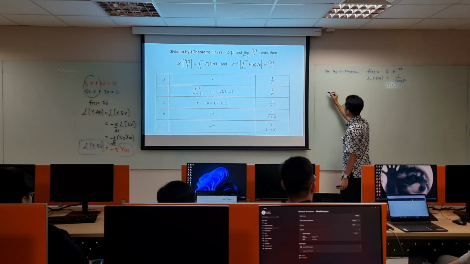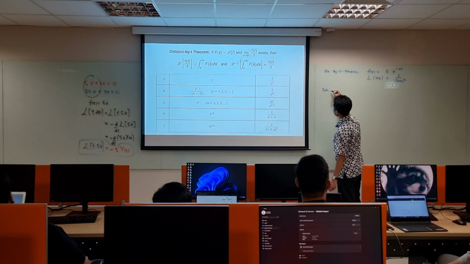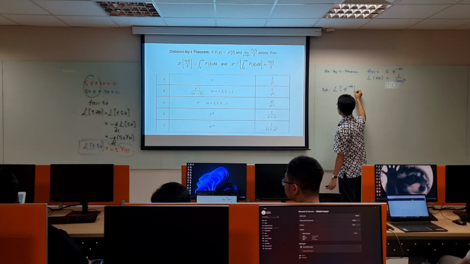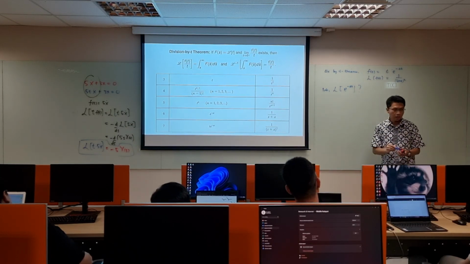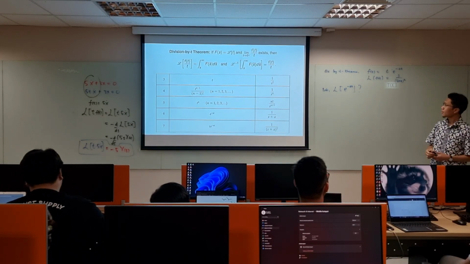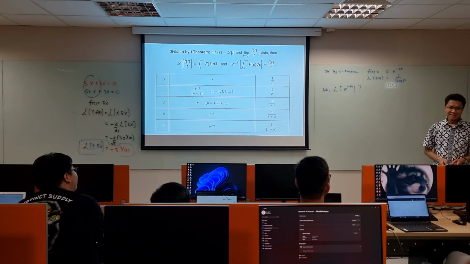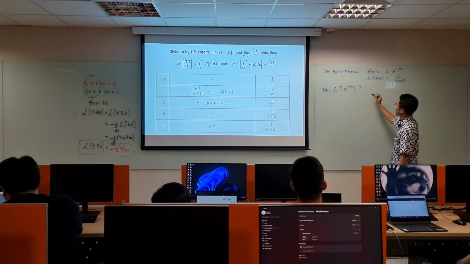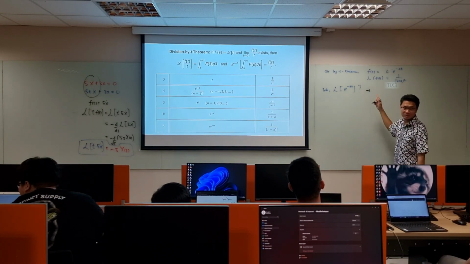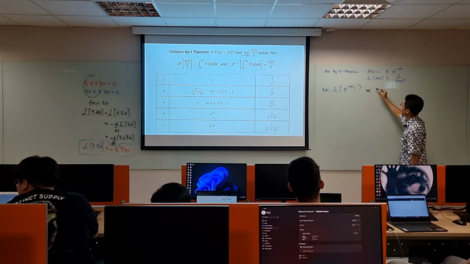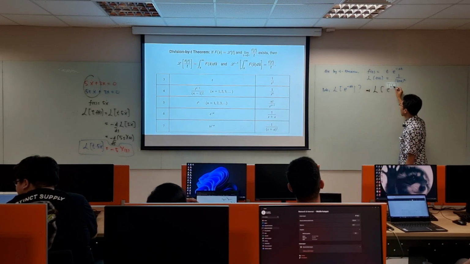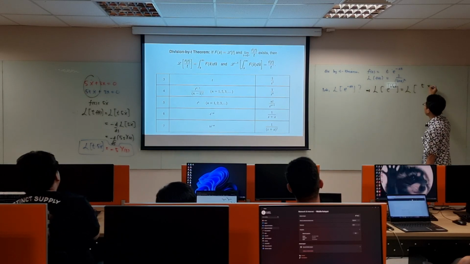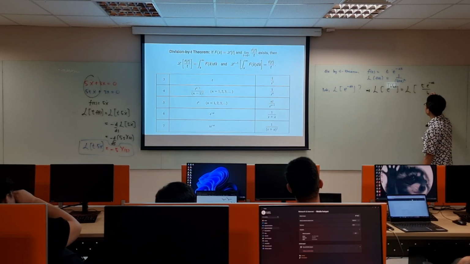Now the problem: what is the Laplace transform of e to the minus at? So how to do it? This is just a play of division. The way to answer it using the division by t theorem is that Laplace of e to the minus at is equal to Laplace of t times e to the minus at divided by t again.